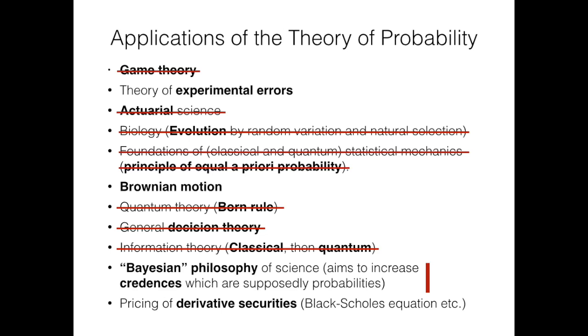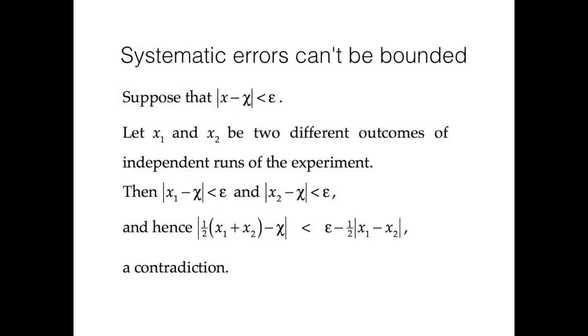Well, suppose that a physical constant, let's call it chi, is to be measured, and that the bound for a given technology is claimed to be epsilon. So if little x is the best result obtainable with a particular instrument, then |x minus chi| is less than epsilon, we're saying.